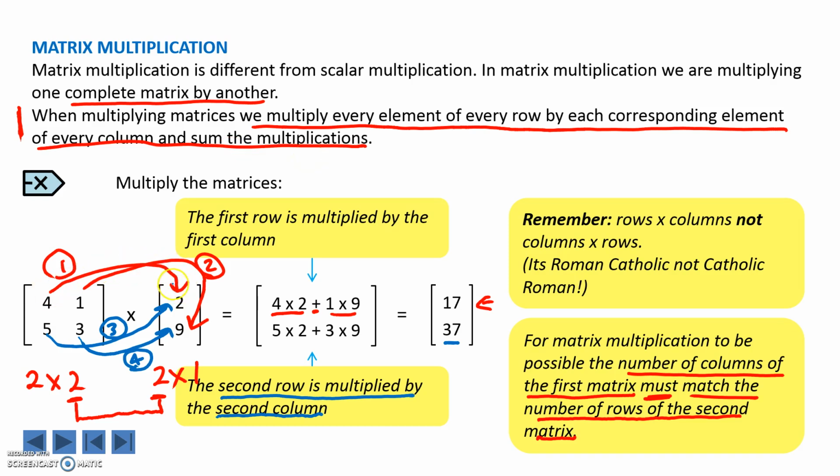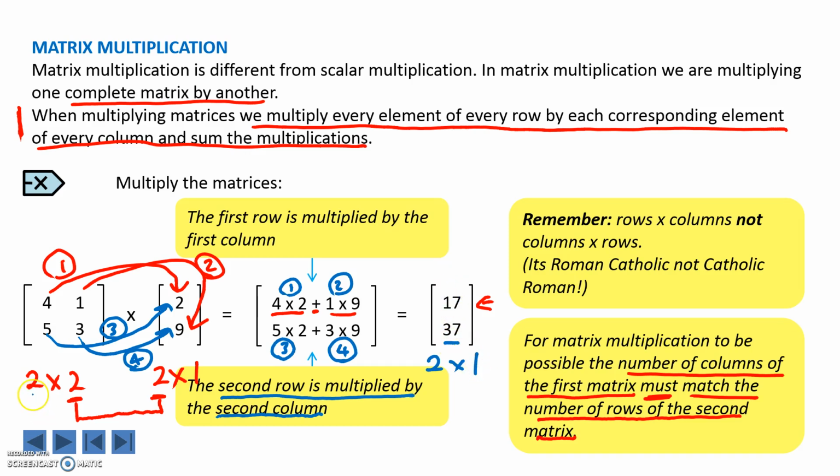So, following through steps 1, 2, 3 and 4, what you'll notice is that the final answer is 2 rows and 1 column.